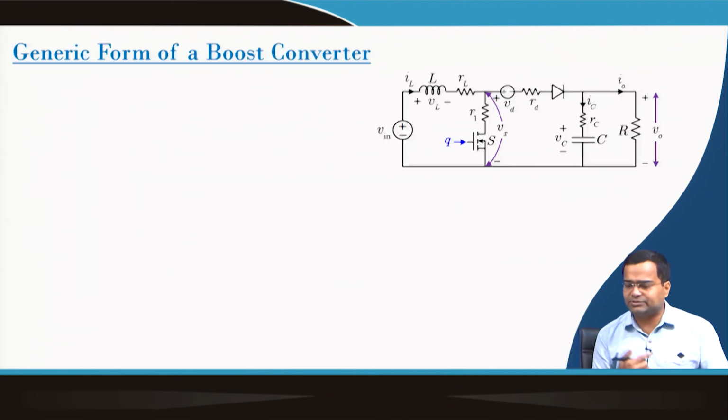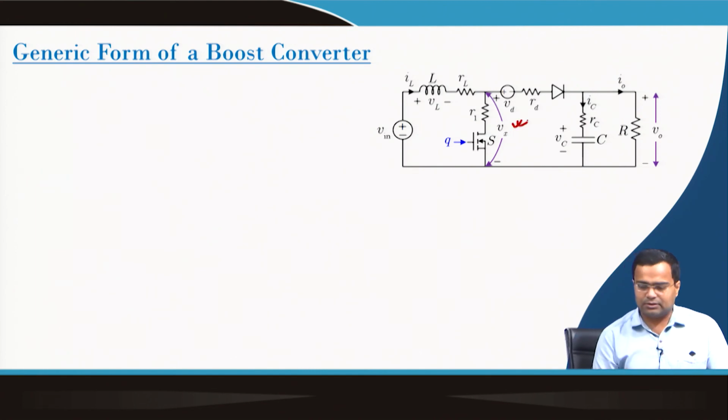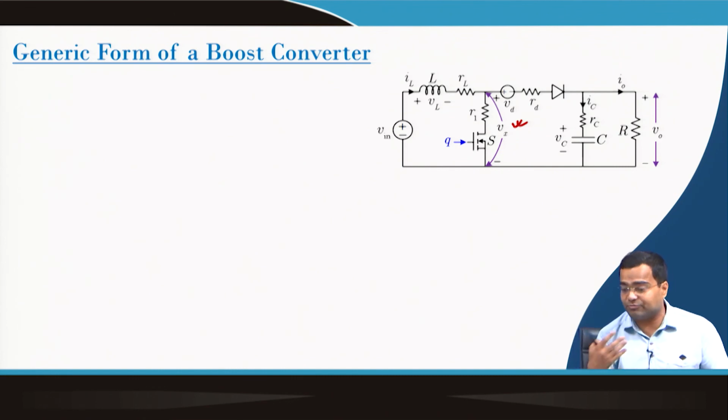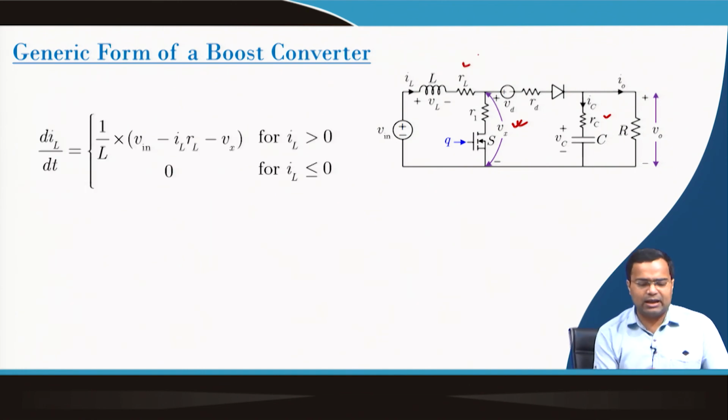Now, if you take a generic form of a boost converter, the boost converter inductor is sitting here, and again we have a switch node voltage. This is my switch node voltage, and again we can consider the diode drop. If you consider a conventional boost converter, with ESR of the capacitor and DCR of the inductor, we can write the derivative of the inductor current.